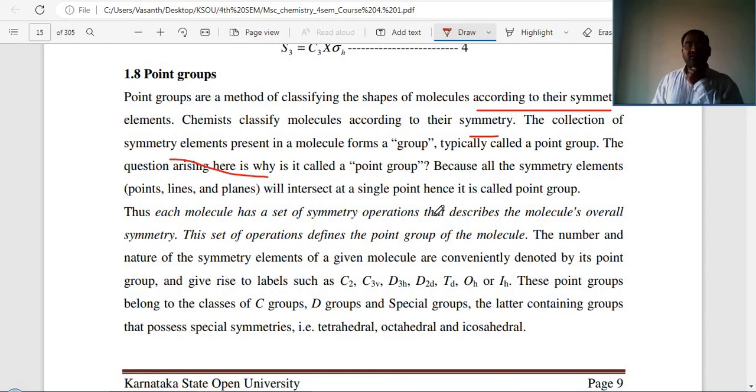We consider that each molecule has a set of symmetry operations that describes the molecule's overall symmetry. The set of operations defines the point group.